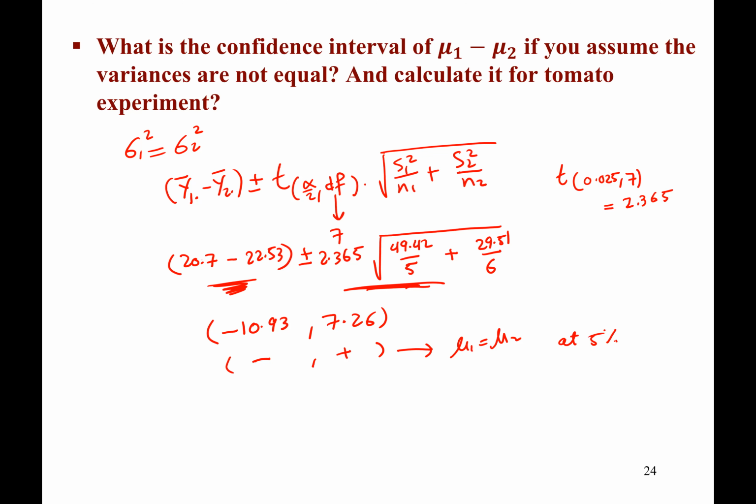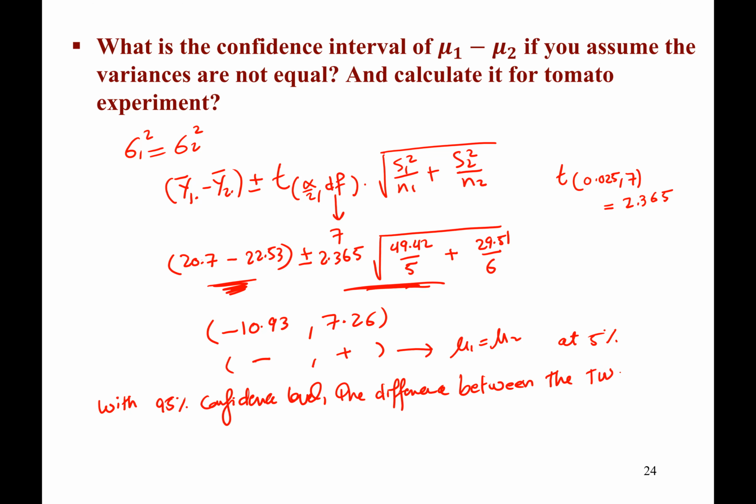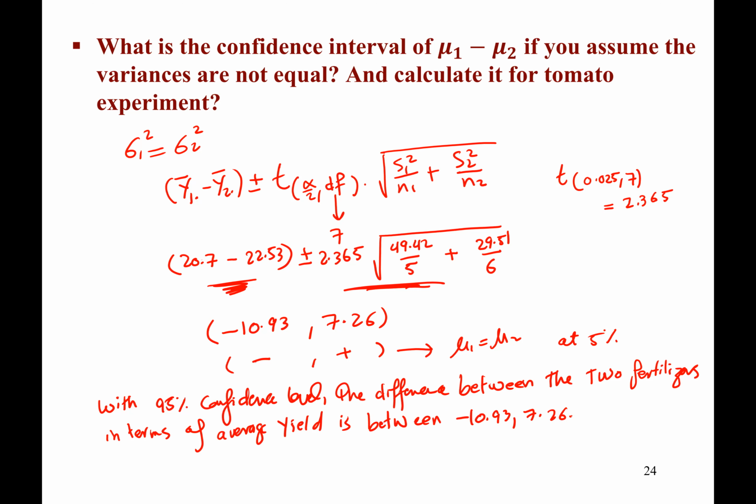But if you would like to explain the confidence interval, you should say with 95% confidence level, the difference between the two fertilizers in terms of the average yield is between negative 10.93 and 7.26. This is the meaning of the confidence interval.